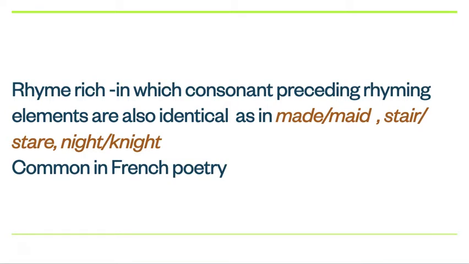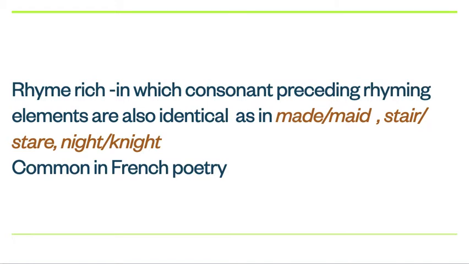Rime riche is another type of rhyme, in which the consonants preceding the rhyming elements are also identical. So far we have talked about perfect rhyme or pure rhyme, in which there is an identical vowel sound in the stressed syllable, and when the preceding sound also matches, we get rime riche.